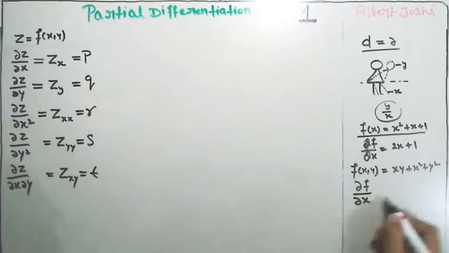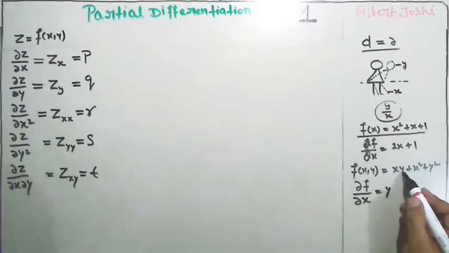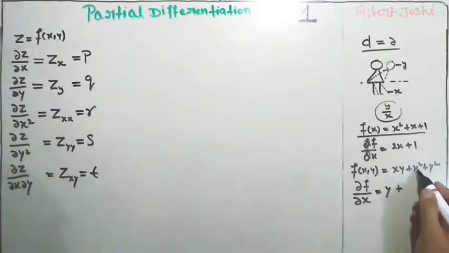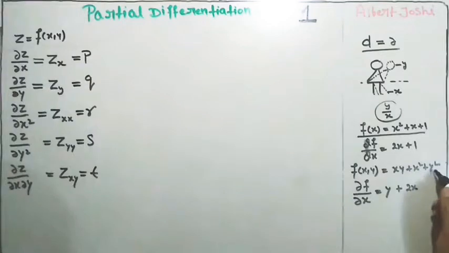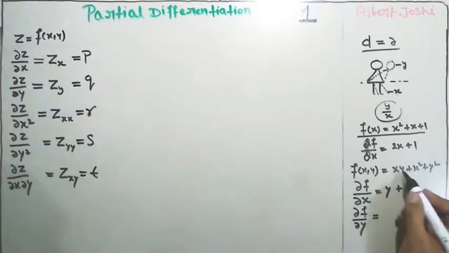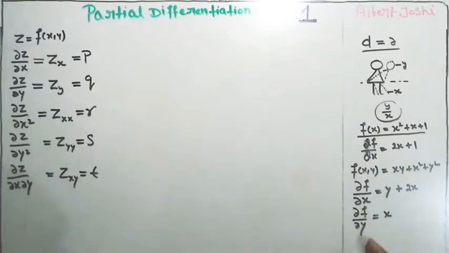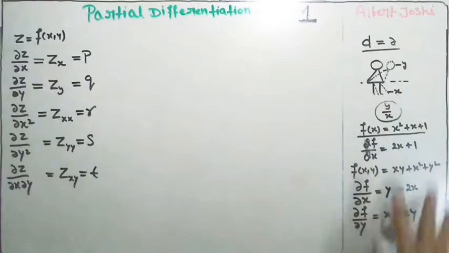If you differentiate with respect to x, then y is constant, and x square gives 2x, and y square has no x, so that is 0. If you differentiate with respect to y, then x is constant, and x square gives 0 because there is no y, so you will get 2y. So this is the way to differentiate.